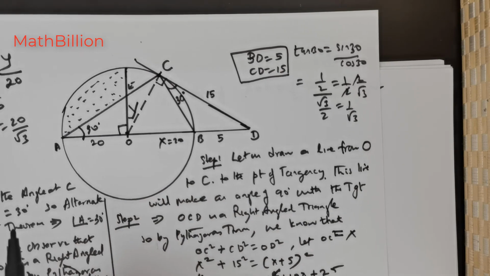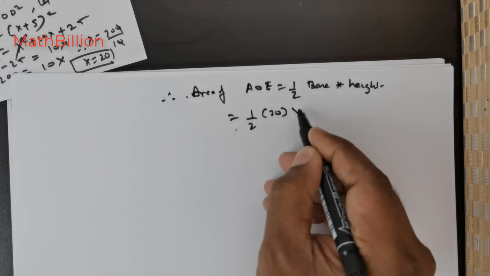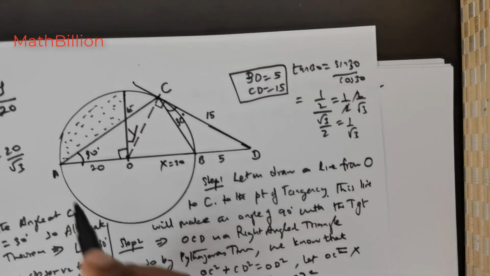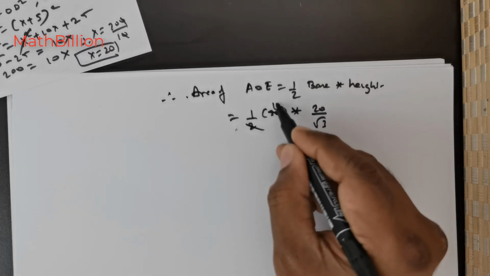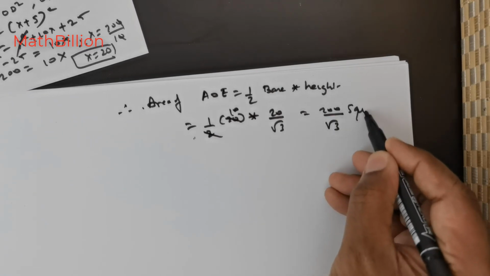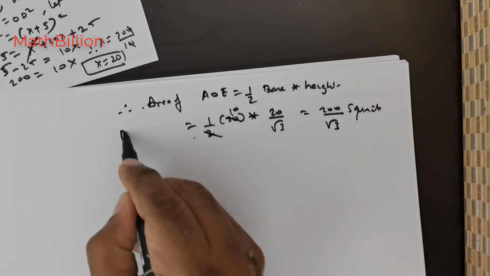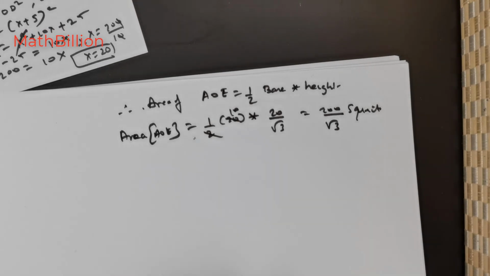We have found the base is 20. So 1 over 2 times 20 times height. What is the height? 20 over root 3. So 2 divides here 10 times. This is 200 divided by root 3 square units. So this is the area for AOE, right?